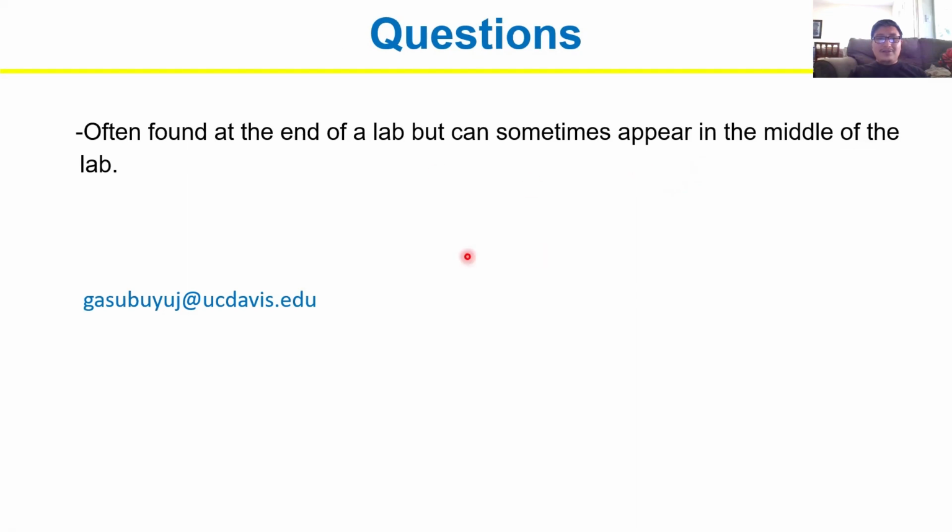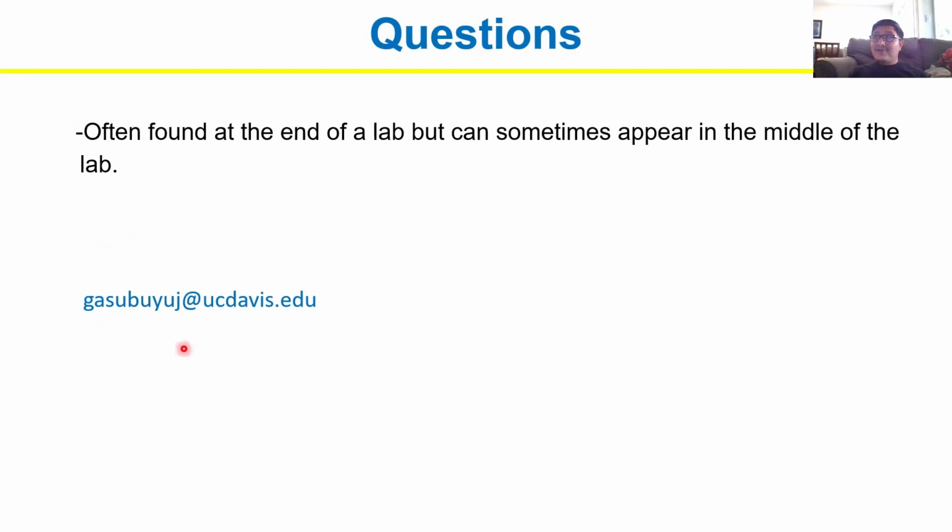And now here's my email. Feel free to email me if you have any questions or if something was not clear. I am happy to be in contact with you by email, or if you prefer to do a small, quick Zoom meeting, I'm also open for that. I just want to also tell you that while you can contact me in Canvas, I'm quicker to respond if you email my UC Davis email.